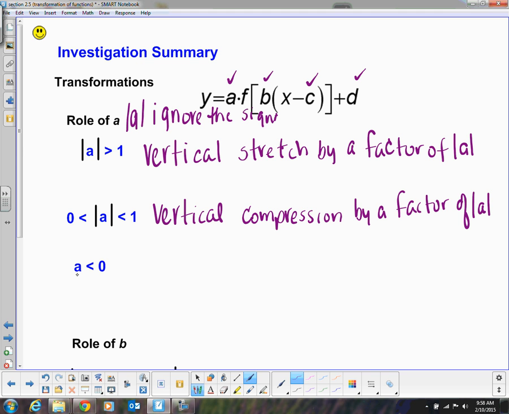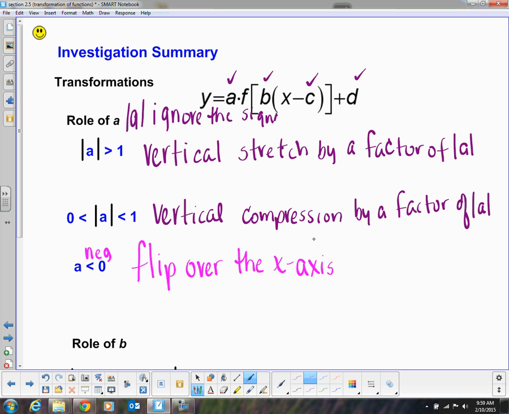Okay, now, what does A less than 0 mean? Negative numbers are less than 0. So now if A is negative, then you have a flip over which axis? Flip over the x-axis. Now, I asked you to communicate with each other yesterday, and some people had an even function, and some had an odd function.